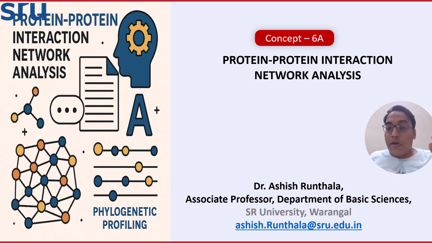But now, when to use phylogenetic profiling and when to use a protein-protein interaction network? Remember that whenever you have a small number of genes, like 4, 5, 6 or 8, then you can choose phylogenetic profiling.